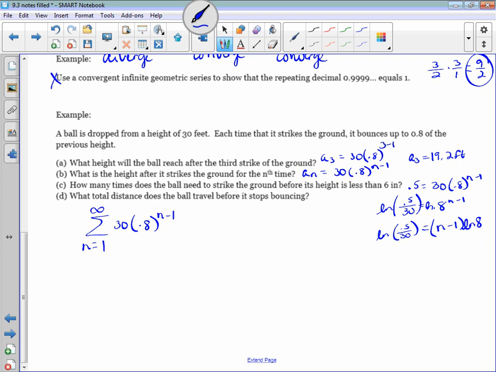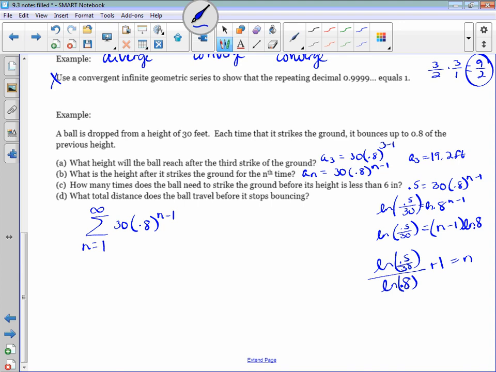You could divide by natural log of 0.8 and then add 1 to that. Does that make sense?